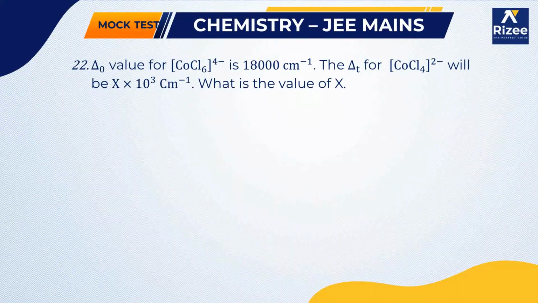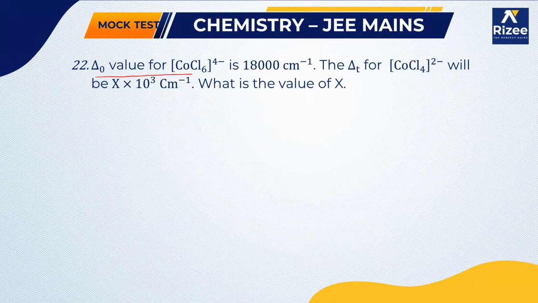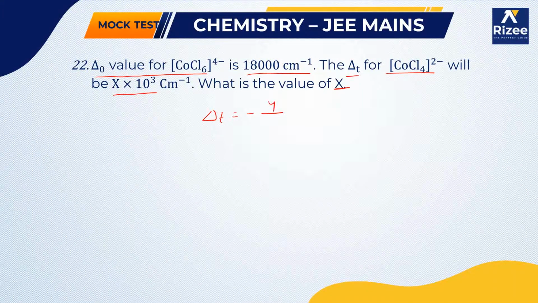So next, moving on to our next question. He has given the delta naught value for CoCl4 2 minus as 18,000 centimeter inverse. He is asking for the delta t value for this one, which will be x into 10 to the power of 3 centimeter inverse. We have a formula: delta t is equal to minus of 4 by 9 into delta naught.